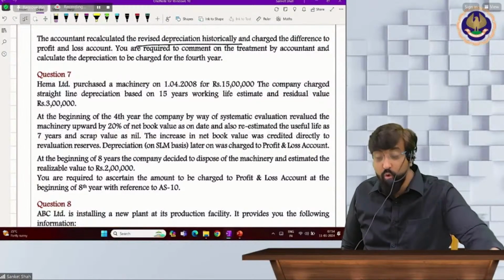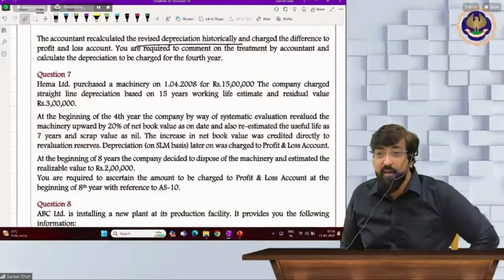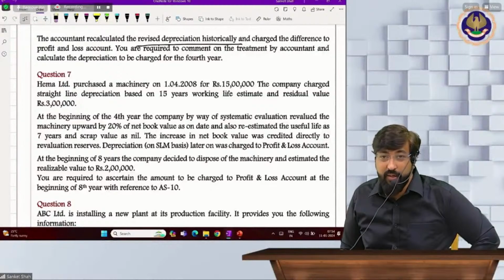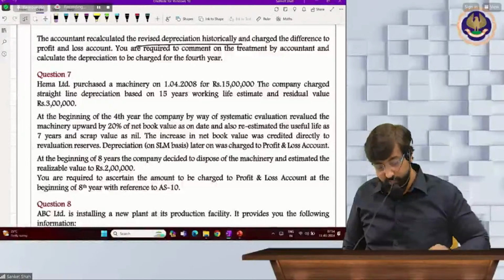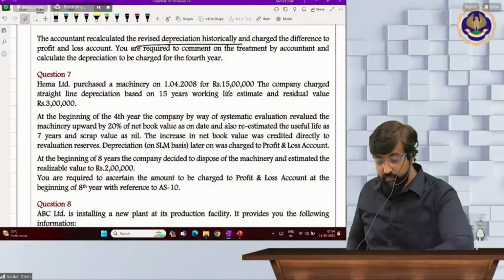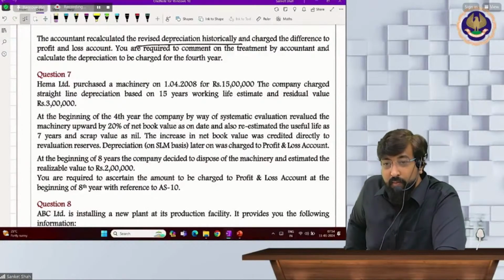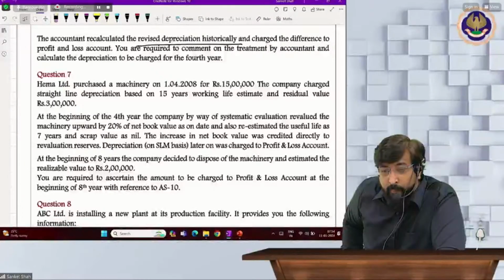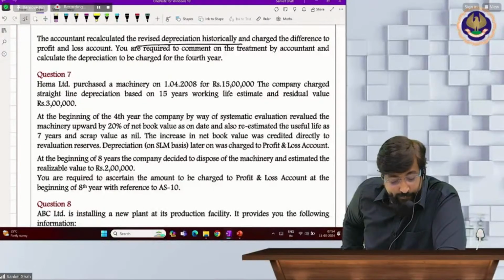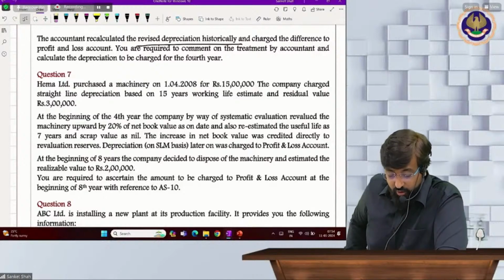So you have to do the original part separately and the revaluation part separately. So original versus revaluation. Original versus revaluation.